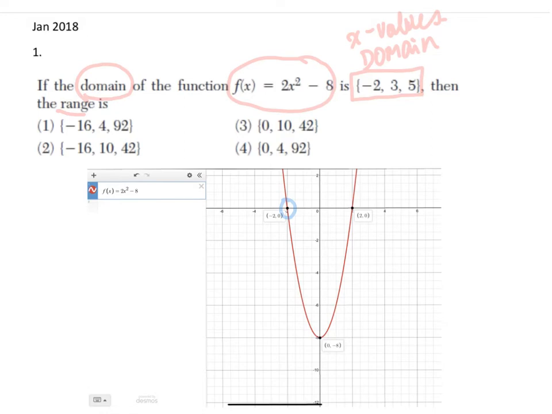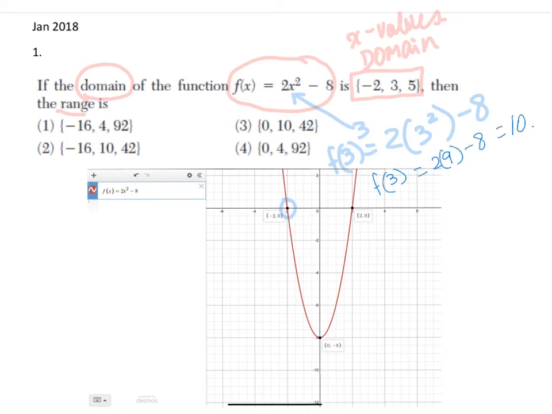Then at 3, let's put in 3 over here. It's not showing in my graph, but if I put 3 here, I'd get 2 times 3 squared minus 8. This is f(3), right? So f(3) would be 2 times 9 minus 8, which gives me a 10, right?